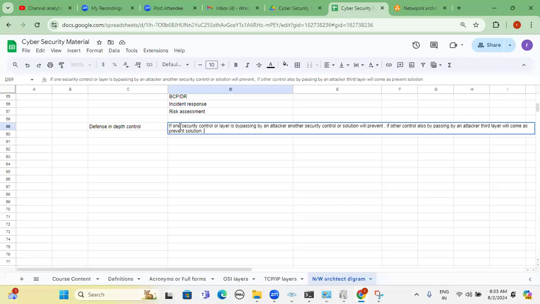This particular layered approach is called the defense in depth approach.